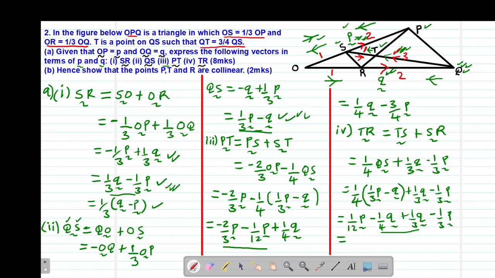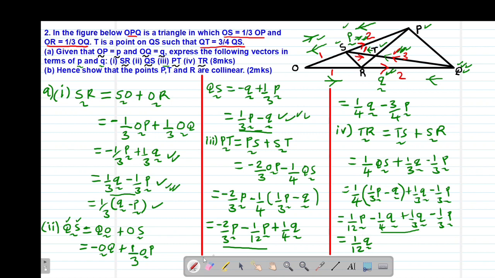So if I pick negative a quarter plus a third, I'm going to get positive 1 over 12. So this will give me 1 over 12 vector q.